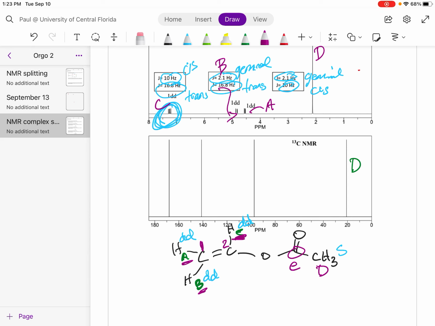So what we have here, where would we expect carbon E? That is a carbonyl carbon, so that has to be the furthest downfield.